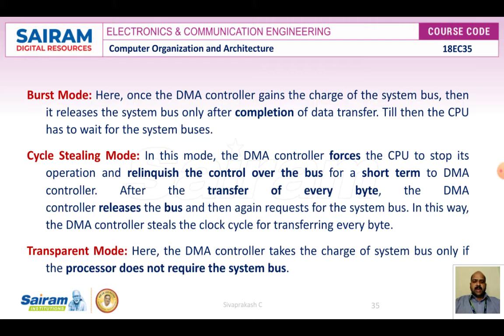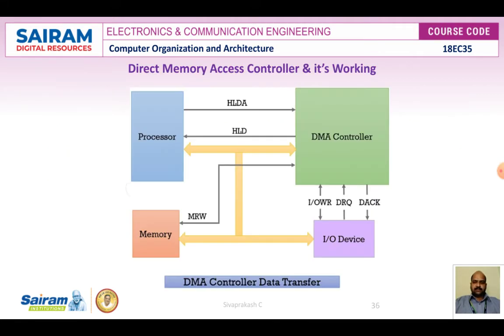Let us discuss how the DMA controller works. The DMA controller is a hardware unit that allows the IO devices to access memory directly without the participation of the processor. Here we will discuss the working of the DMA controller.